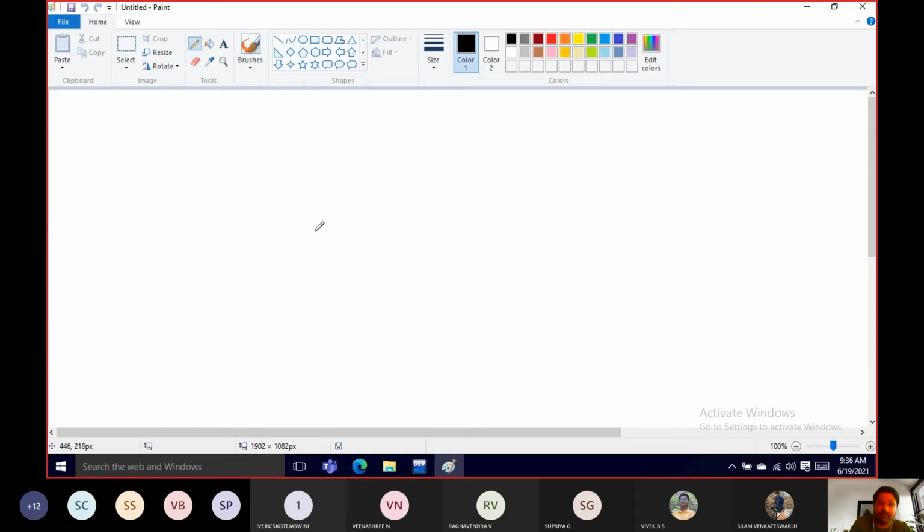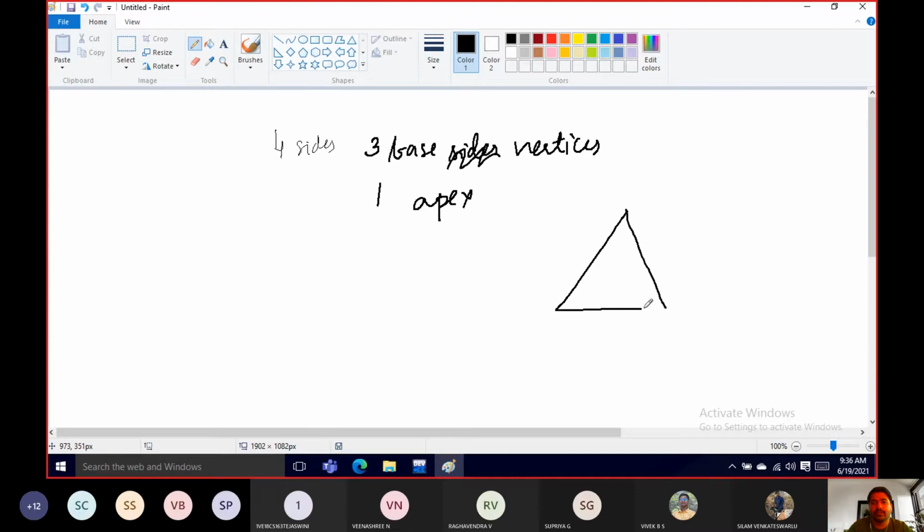A tetrahedron has 4 sides, and of these, 3 are base vertices, right? So vertices or edges, and the other one will be the apex. So basically, how does a tetrahedron look? A tetrahedron looks in this way. This is a triangle, but still, yeah.